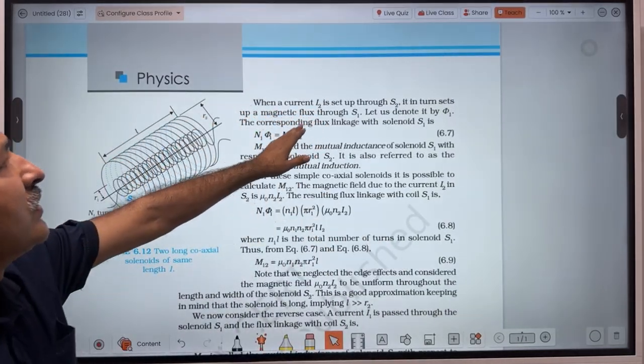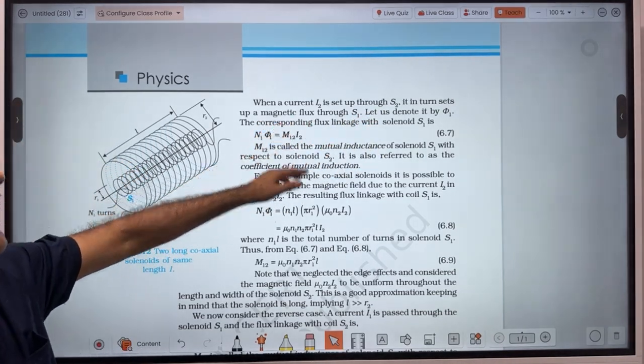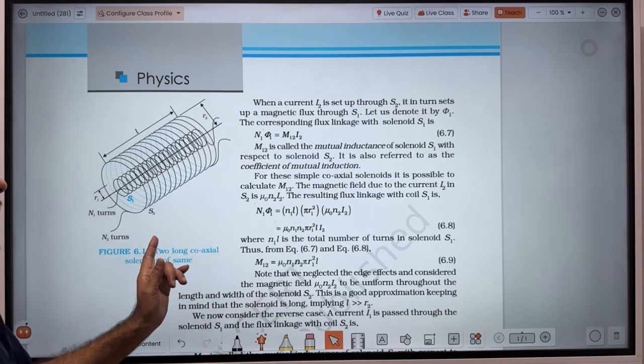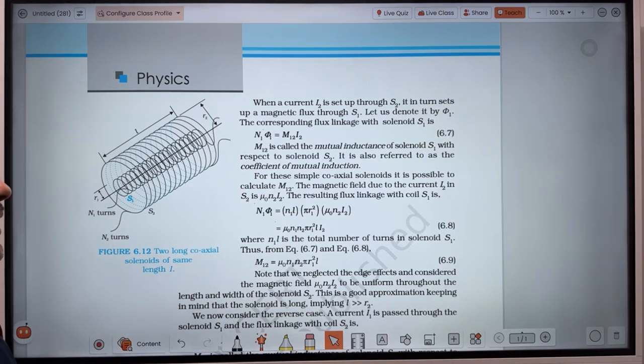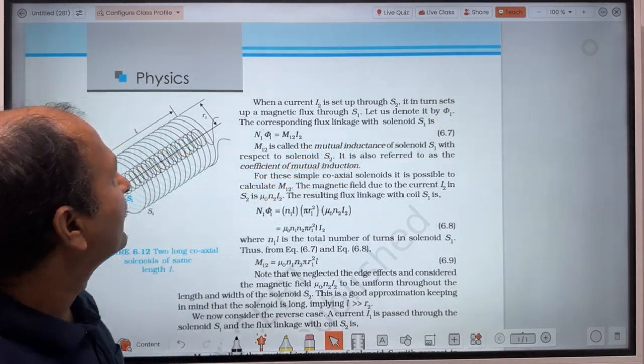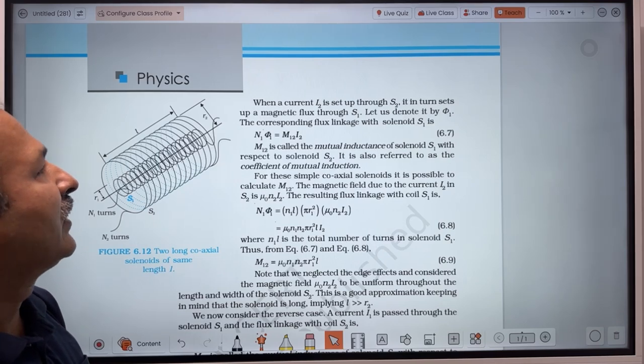When a current I2 is set up through coil S2, it in turn sets up magnetic flux through S1. Of course, when current flows in one coil, there will be magnetic flux in the other coil. Let us denote it by φ1. The corresponding flux linkage with solenoid S1 will be the number of turns in it.